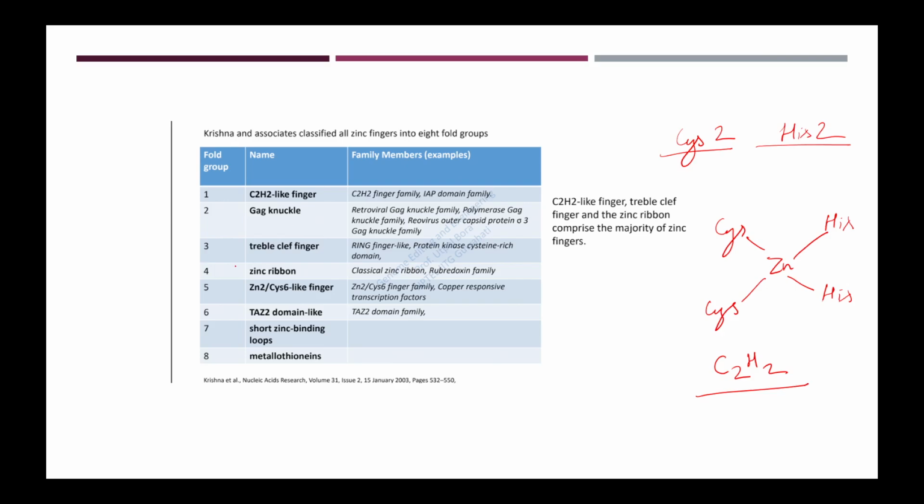Others we have are gag knuckle, treble clef, and zinc ribbon, which is a classical zinc ribbon, the rubredoxin family. So there are certain classifications, but all have this finger-like structure where the residues may differ but have a similar function, binding to the DNA.